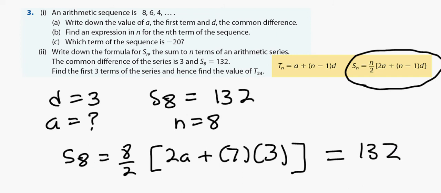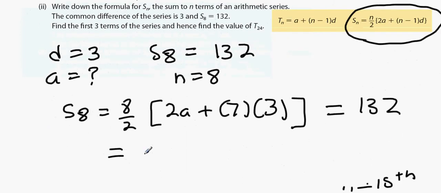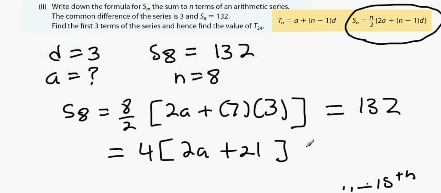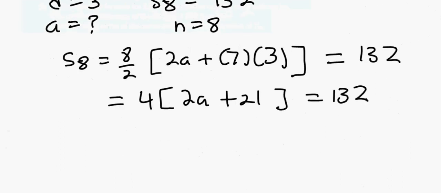So the next step is to multiply it out, so we get 4 times (2a plus 21) equals 132. When we multiply this out, we get 8a plus 84 equals 132.